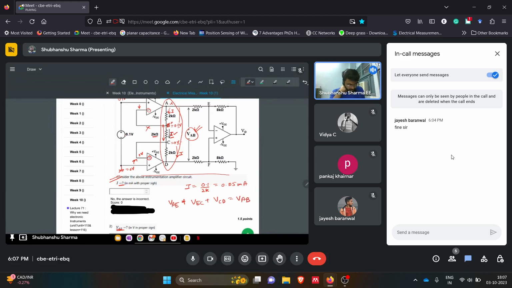What is VAE? I think it's straightforward: resistor times I, that is 0.05 milli. Plus VEC is 0.1, that we already know, this 0.1 voltage drop is there. VCD will be 2 kilo times I, so I is 0.05 milli.